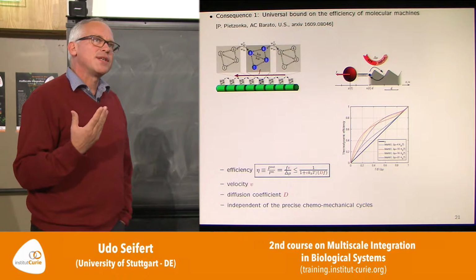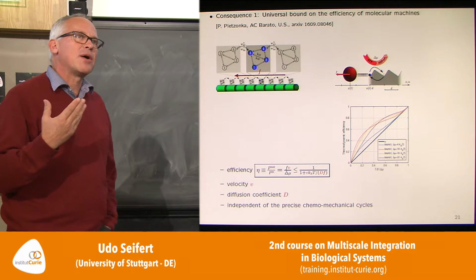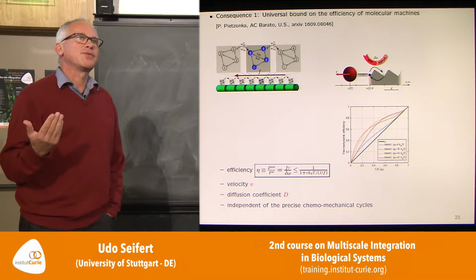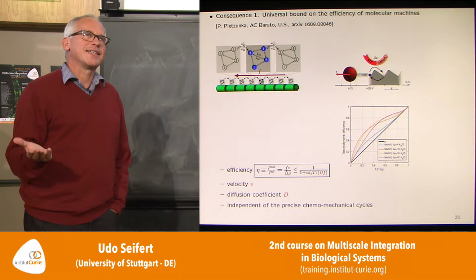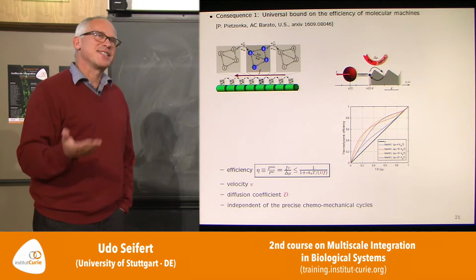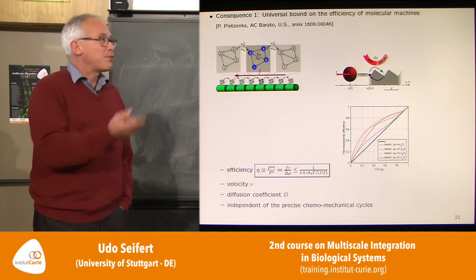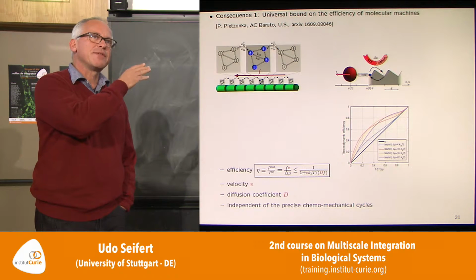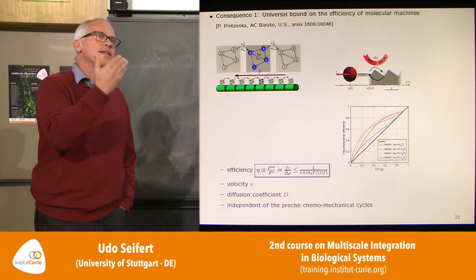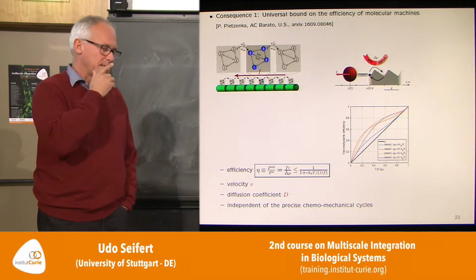Now, as you know, for instance, heat engines are bounded by the Carnot efficiency. However, a heat engine that operates at Carnot efficiency is useless because, as you say, there is no power. And for these isothermal machines, all biological machines are isothermal, 37 degrees, the bound is always 1. That's what replaces the Carnot.